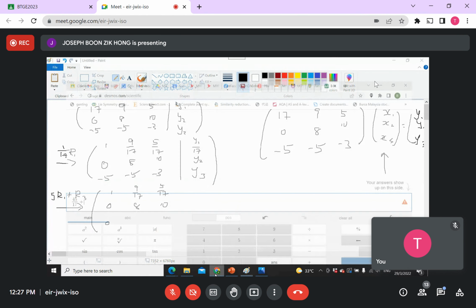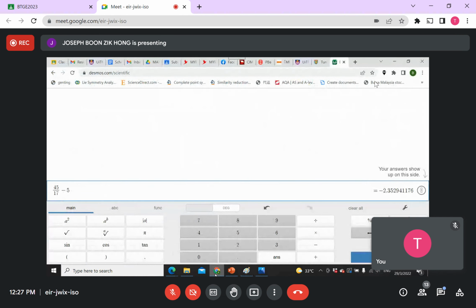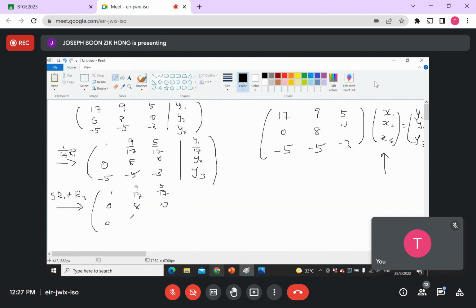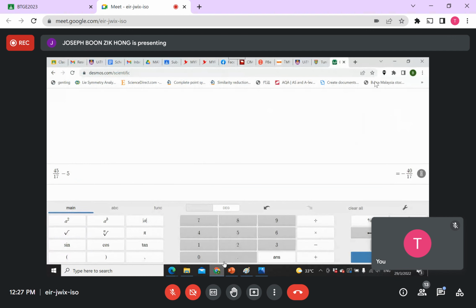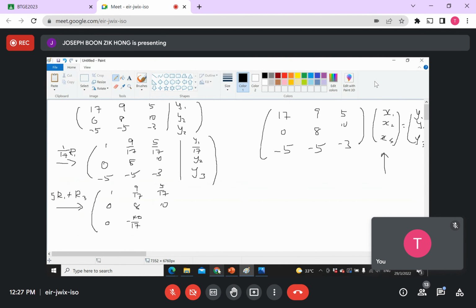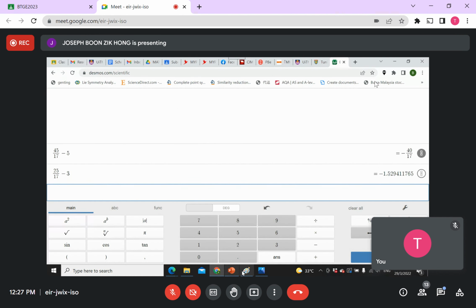So sorry, it will be -5, -5. In terms of this one, -40, -40 over 17. So this one 25 over 17, 25 over 17, minus 3. So again, the answer will be negative 26 over 17.